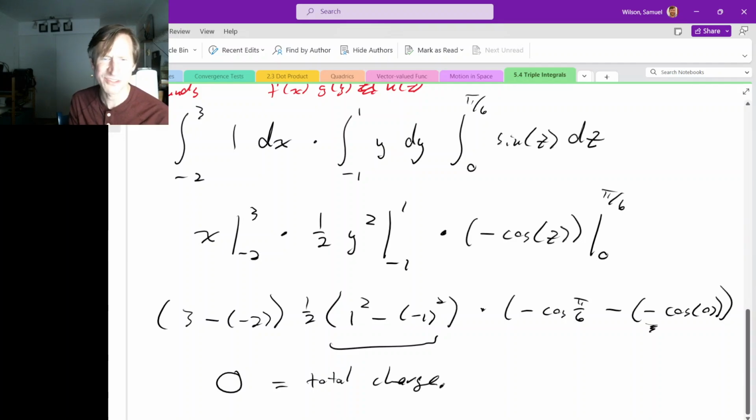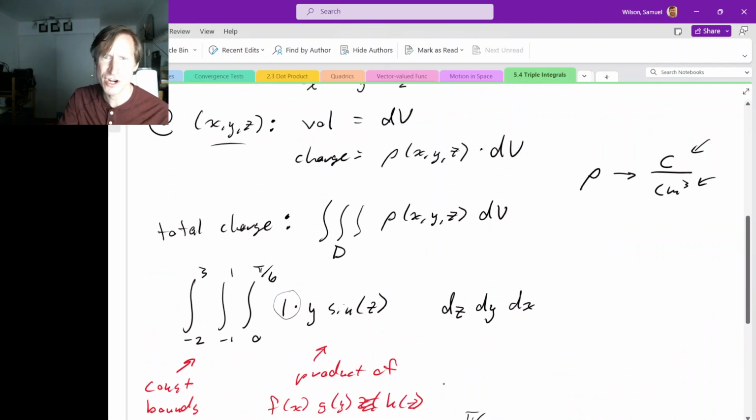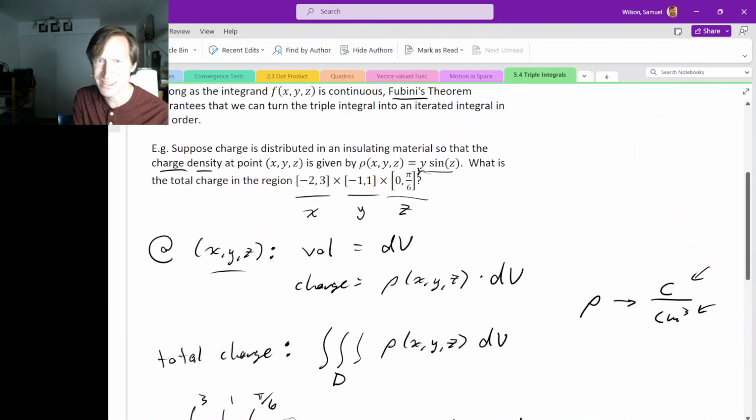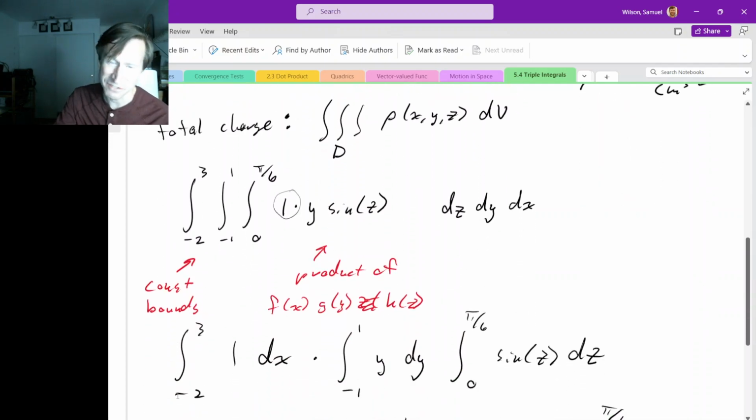How is it possible to have a total charge that is 0 if your charge density function is not 0? How does that make sense? Well, charge, unlike mass, comes in positive versions and negative versions.